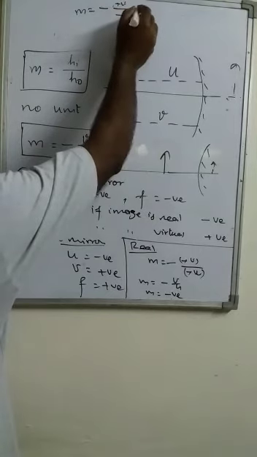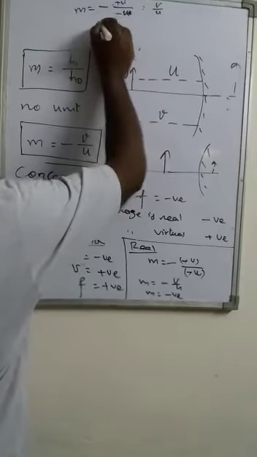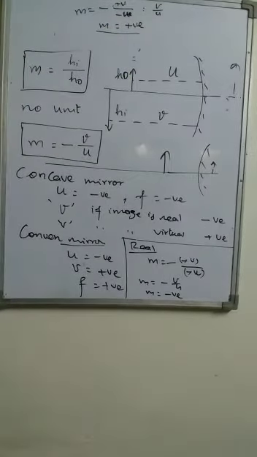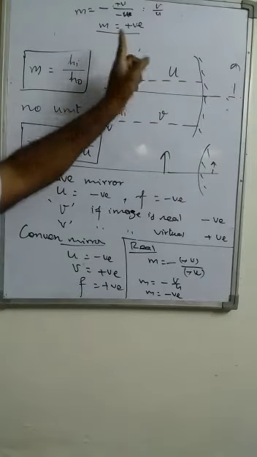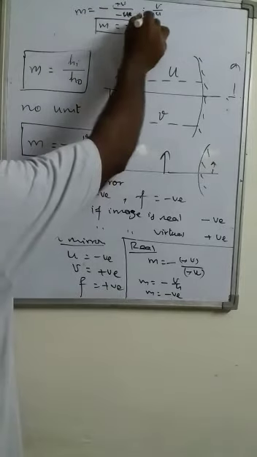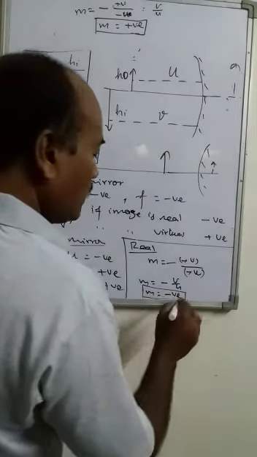So we get v upon u, and m is positive. So the linear magnification for a real image is negative and for a virtual image it is positive. This is the magnification.